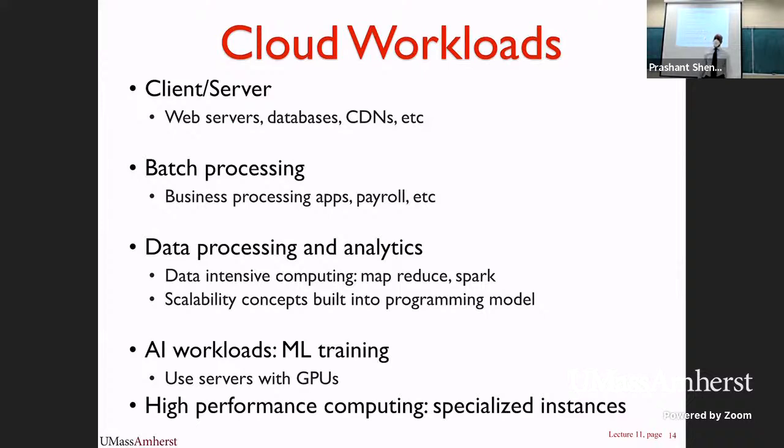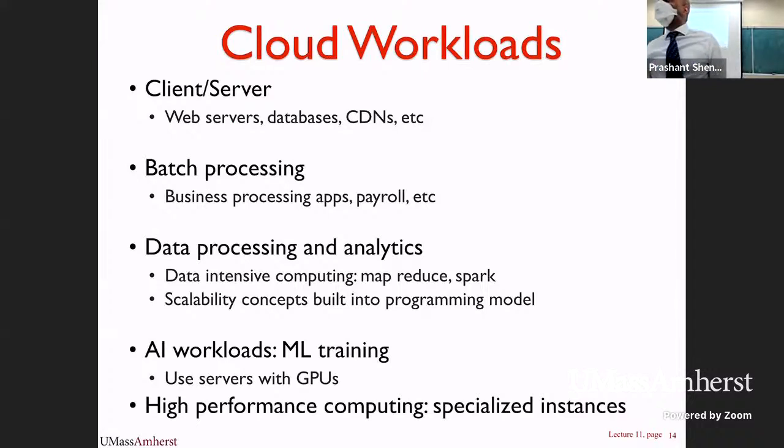There are more and more high performance computing workloads that also run on the cloud. Traditionally, these workloads have been run on supercomputing machines, and supercomputing machines often have dedicated hardware that is optimized for parallel applications or high performance applications. But increasingly, cloud providers also give you specialized instances that are designed for certain classes of workload.